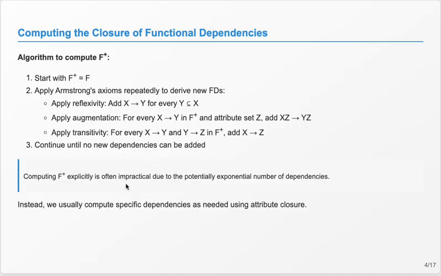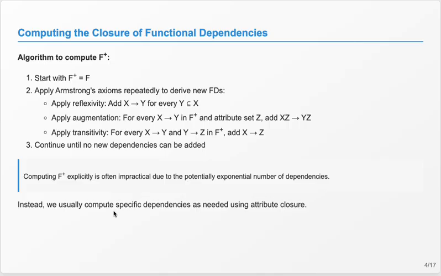This algorithm is pretty straightforward. However, in practice, this can be pretty slow, because when the number of functional dependencies is very big, this algorithm will be very slow. That is why we often focus on specific dependencies using something called attribute closure, instead of considering the closure of all functional dependencies.